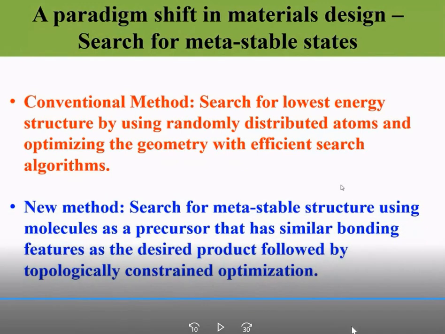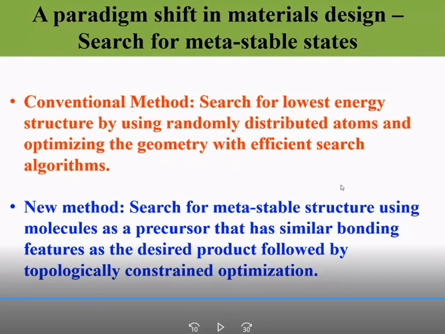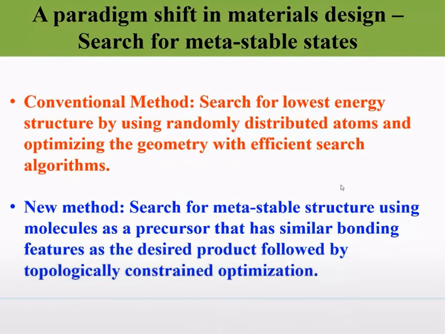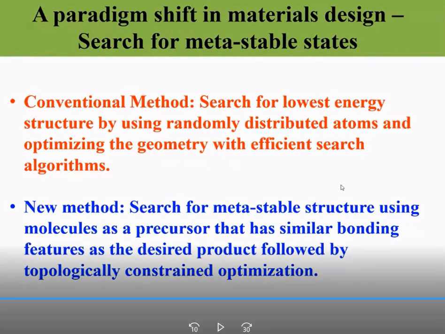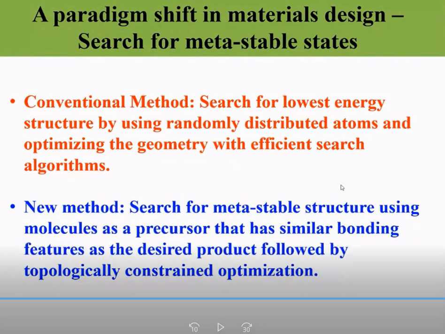And this technique has already been used to produce carbon-20, which I showed you is the smallest fullerene. I started from a precursor C20H20. Similarly, another carbon structure, graphene, has been formed with C18H6 as a starting precursor. So what we decided to do is to choose an organic molecule that has two kinds of bonding.